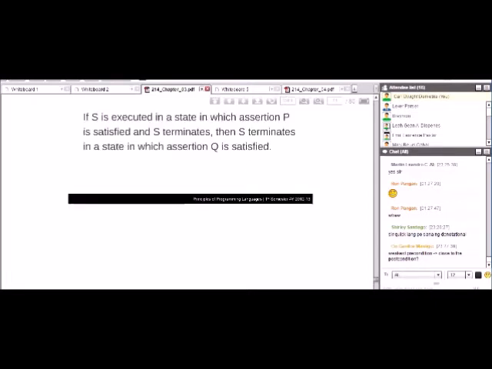The first three answers, x greater than 10, x greater than 1000, x greater than 0, they are all preconditions. But when I ask you what is the weakest precondition, I need to have the one which will give us the minimum requirement.